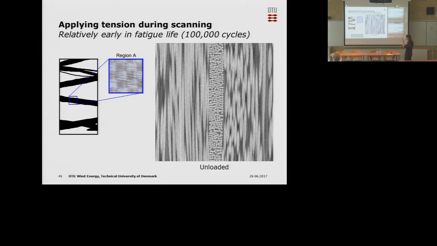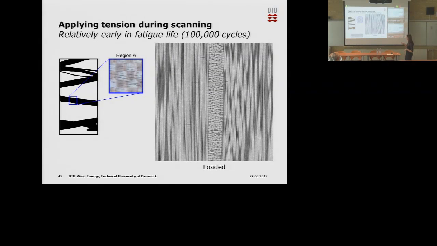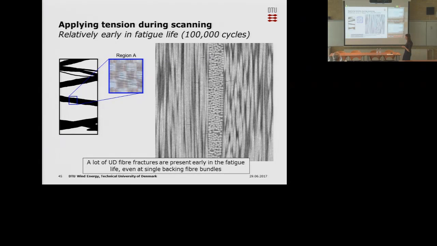It looks like there was not really any damage before, but now there is a lot of damage, and this is quite early in the fatigue life. And that must mean, I guess, that a lot of unidirectional fiber fractures actually appear much earlier than initially expected, at least in the initial part of the fatigue life.